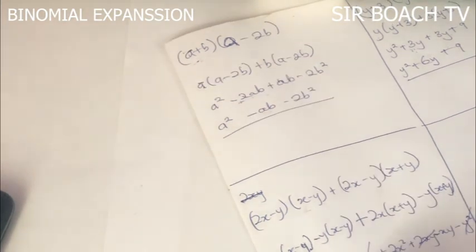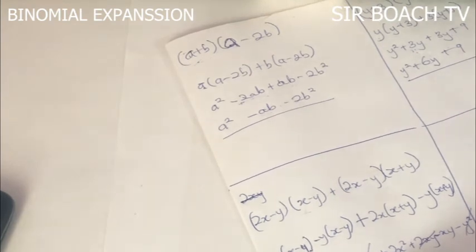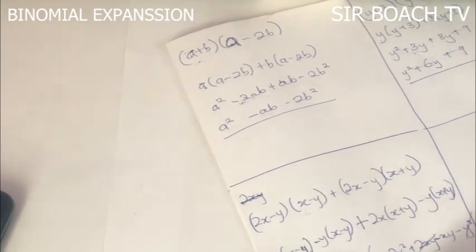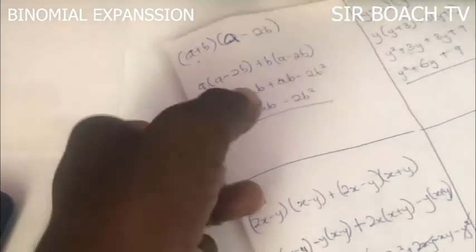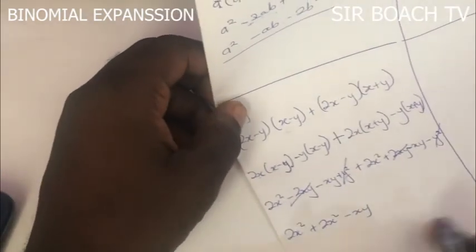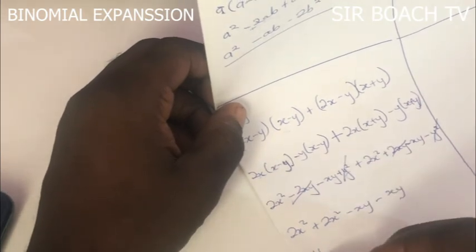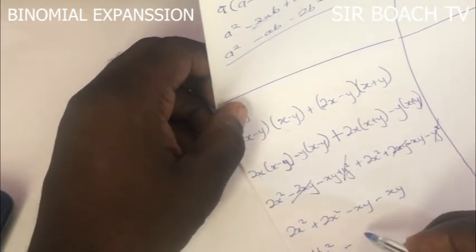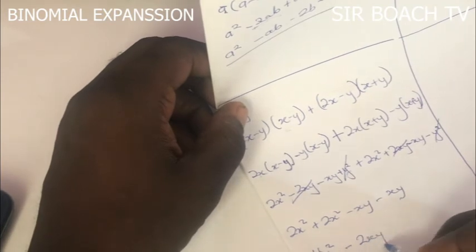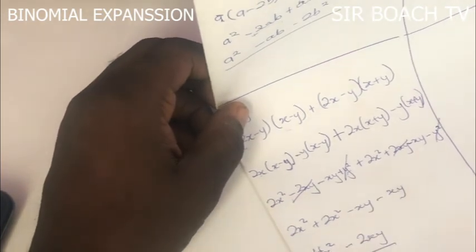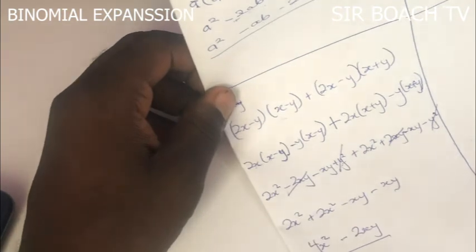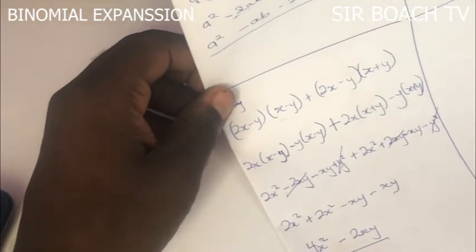So we are going to get 2x square plus another 2x square, minus xy, then minus another xy. We're going to get 4x square minus 2xy. That will be our final answer. It's so simple. We just have to respect the negative and positive signs.